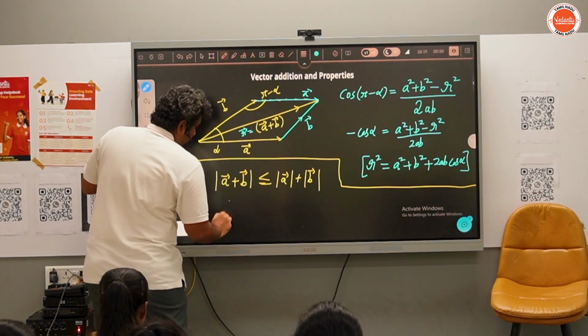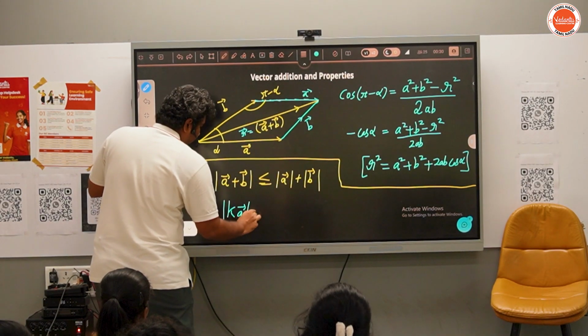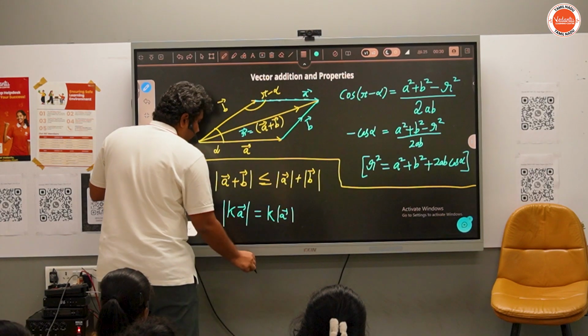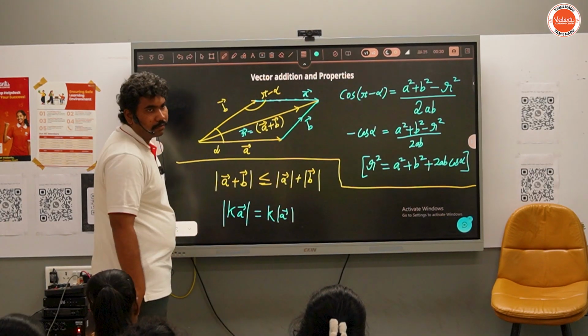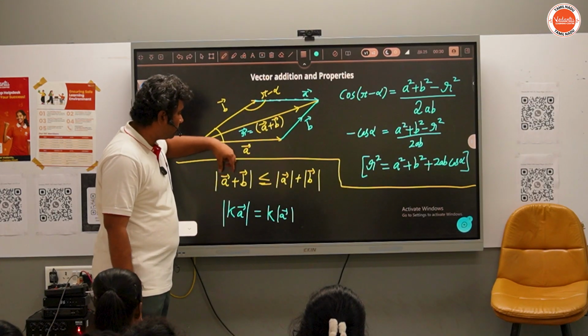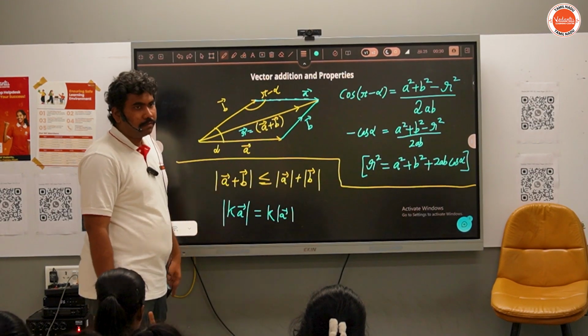Modulus of k times a vector is going to be k times the magnitude of a vector. So in that case if we put a equal to b, modulus of 2a vector will be equal to 2 times modulus of a vector.